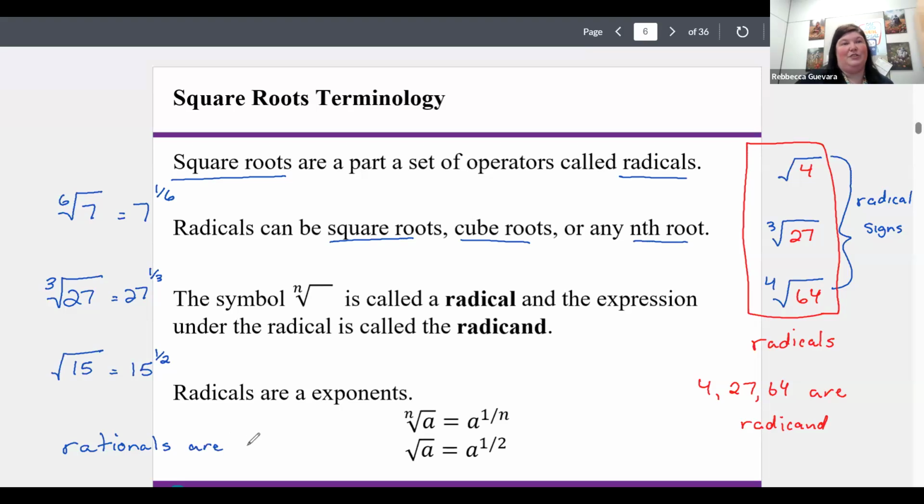Just a reminder that rationals are going to be integers and quotients or fractions of integers. One of the nice things about this is that because square roots are essentially exponents, rules of exponents can be applied to roots, radicals.